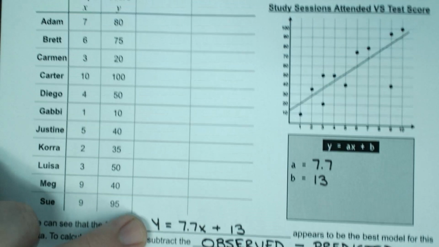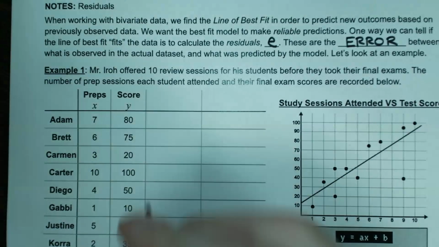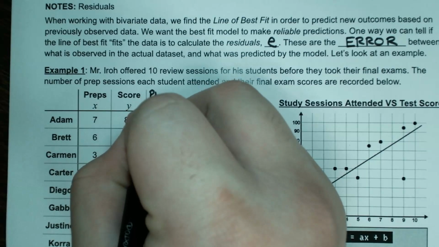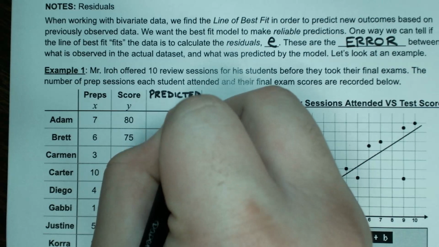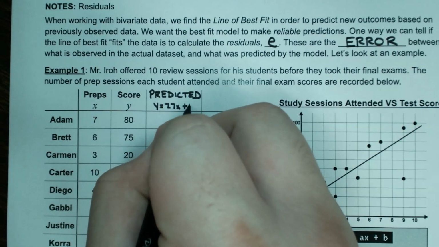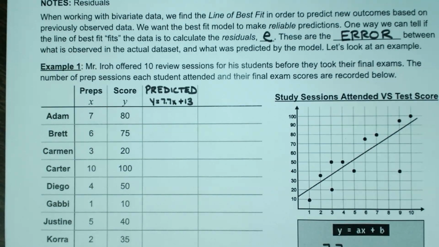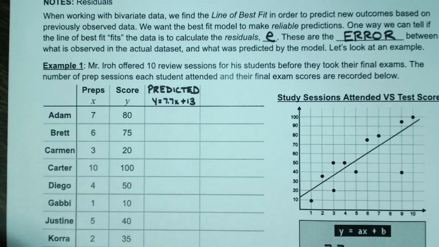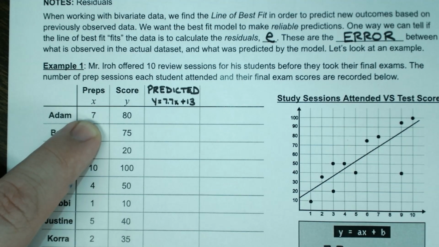So, going back up to this table, that next blank column, I'm going to write predicted. And I'm going to use that function y equals 7.7x plus 13 to figure out, based on these number of prep sessions, what should they have made on that test?